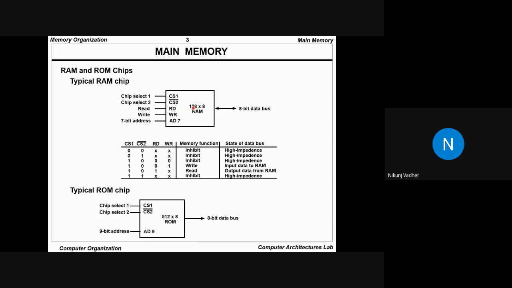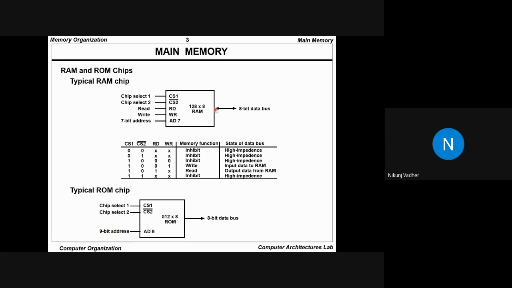If it is a 1K RAM, then instead of 7-bit there will be a 10-bit address. If it is a 2K RAM, then instead of 9, there will be 11-bit. So the number of bits in the address depends on the size of the chip.